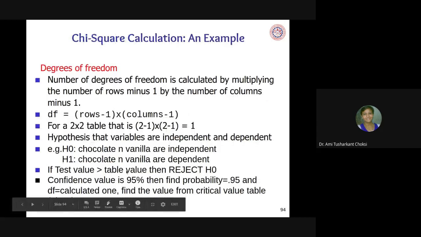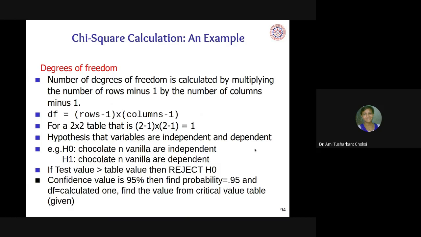If it is greater than the table value, then reject the null hypothesis. H0 is called the null hypothesis. So we reject it. Reject it means what? It means what we have considered in the H0, that chocolate and vanilla are independent.